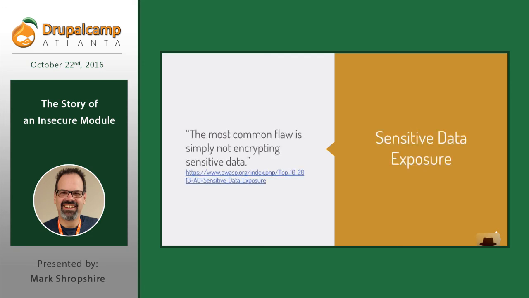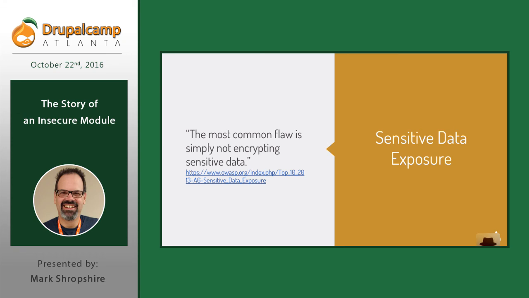So, sensitive data exposure. These are quotes from the OWASP site that could fit on the screen. But simply not encrypting sensitive data is part of it. So encryption is definitely a part of things, such as using HTTPS, though there's a lot more to that. But also just exposure.